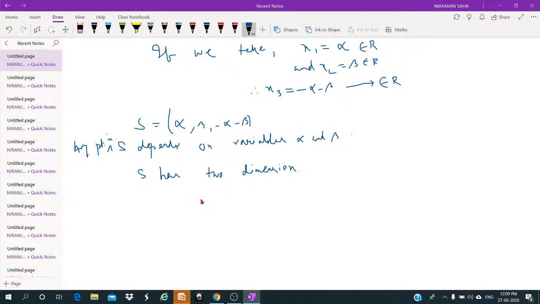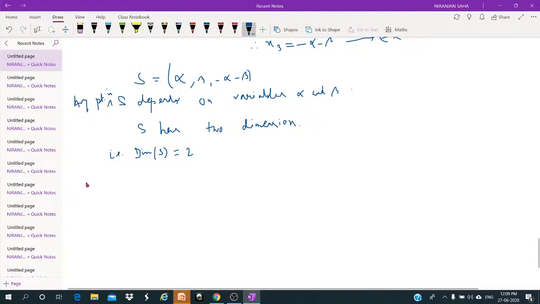So we have two linearly independent vectors. The dimension of S is 2. Now we have to find the basis elements.